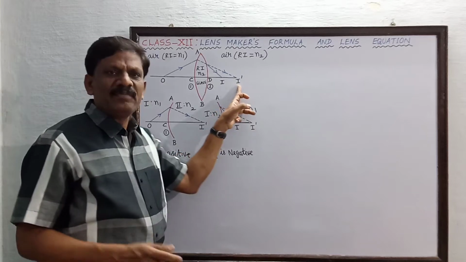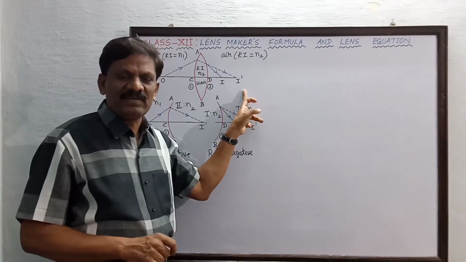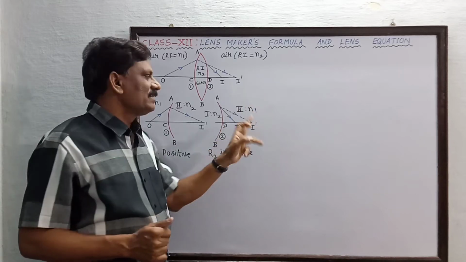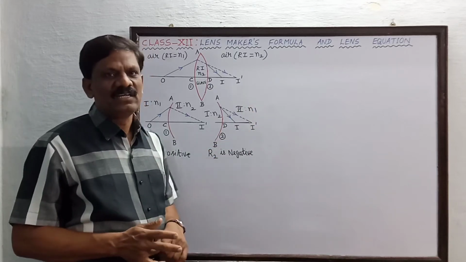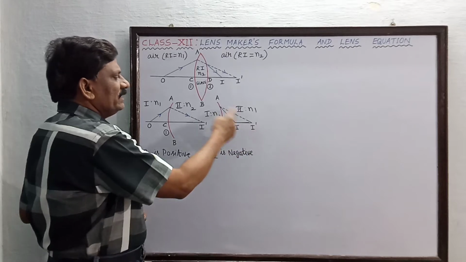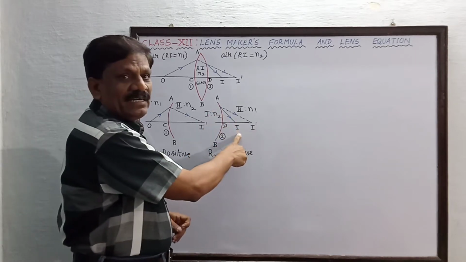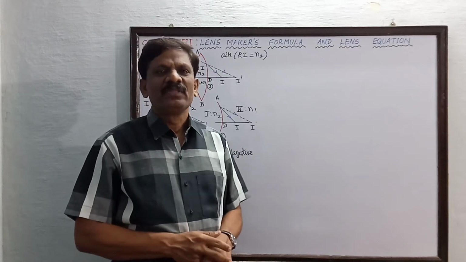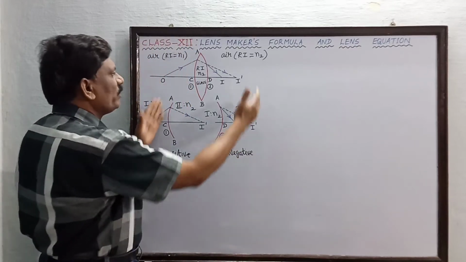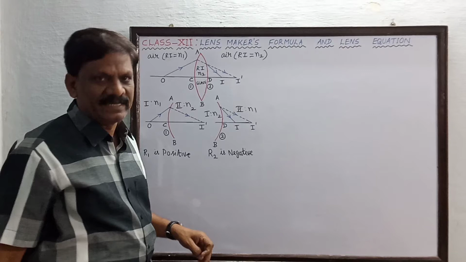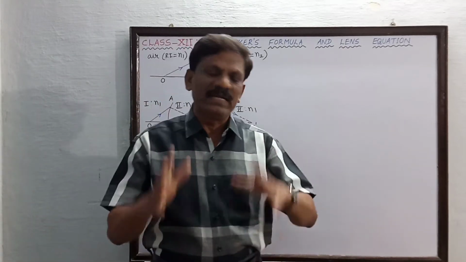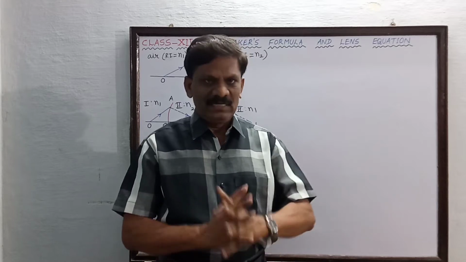I dash is the image formed by the first curved surface, but now it acts as the object for the second refraction, and hence it is a virtual object, and its image is formed finally at the position I. I is the final image. So these two stages together are given in the first diagram, but it is better you draw two separate diagrams so that you can understand very clearly.